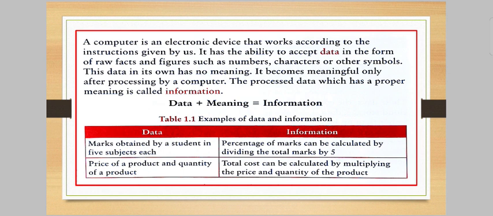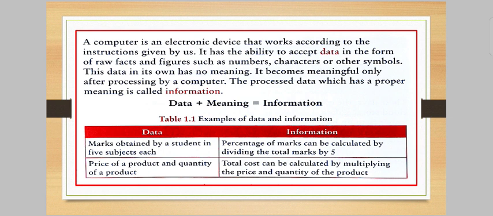So it has the ability to accept data in the form of raw facts and figures such as numbers, characters or other symbols. That means data is a form of raw facts and figures: numbers, characters and other symbols.